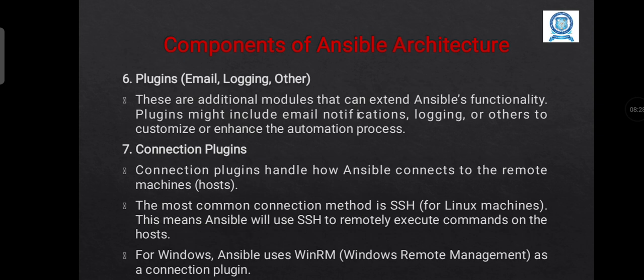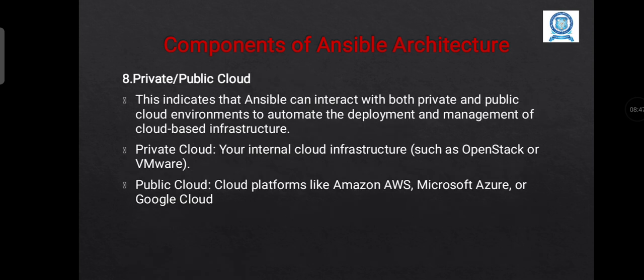Plugins. These are additional modules that can extend Ansible's functionality. For example, these may include email notifications, logging, or others to customize or enhance the automation process. Connection plugins will be there. Connection plugins handle how Ansible connects to the remote machines. And private and public cloud.